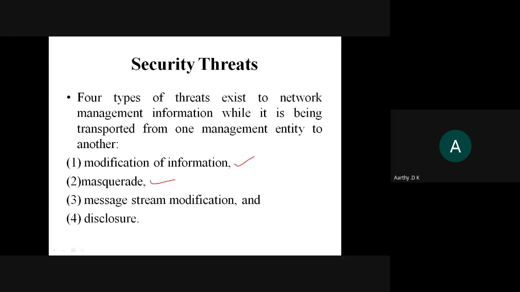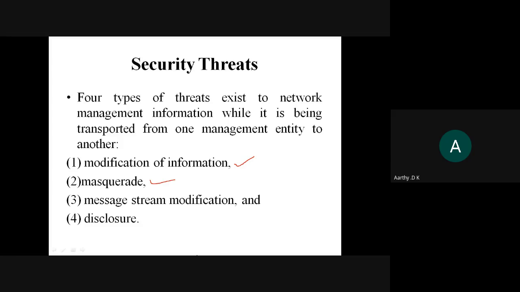For example, assume it is sending a mail to 2018.csce, your group mail ID, but I am not the person sending the mail. Someone else who knows my username and password logs into my mail ID and sends mail to contacts in my mail account. That is called masquerade. The person is assumed to be an original or authenticated user, but he is not. That kind of threat can happen when your username and password are known to a third party.